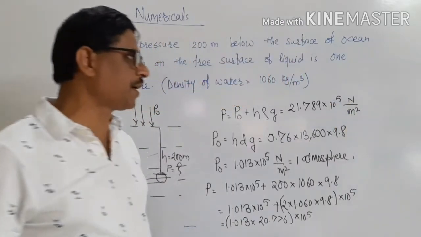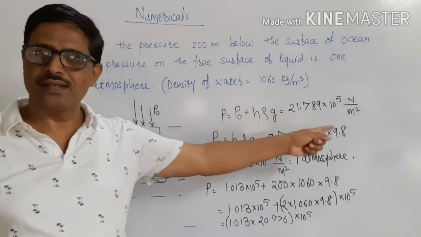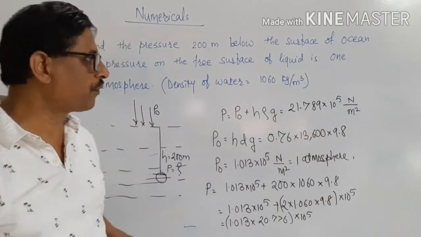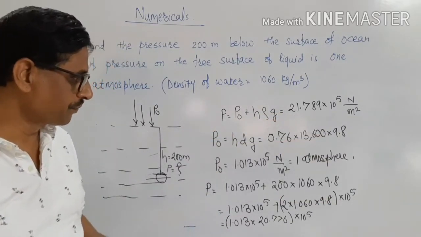Therefore, pressure at the depth is 21.789 into 10 to the power of 5 Newton per meter square.